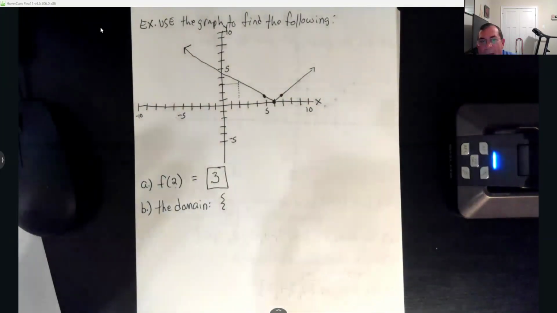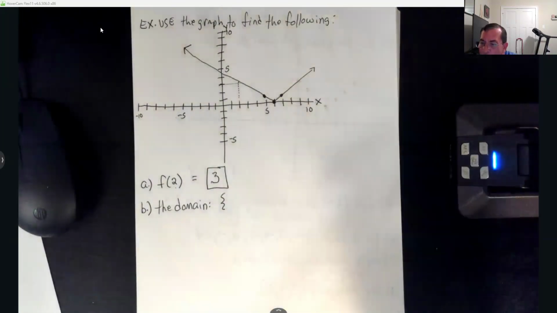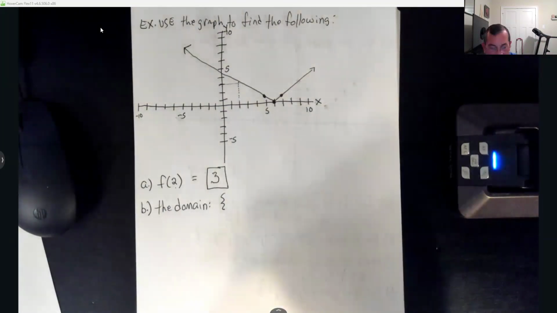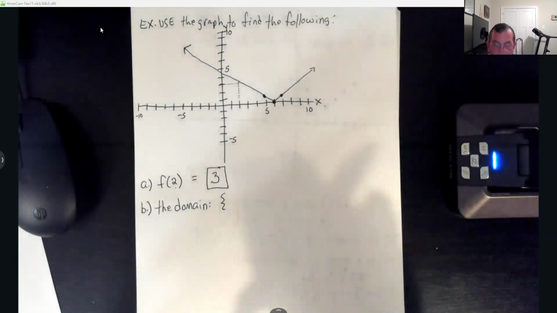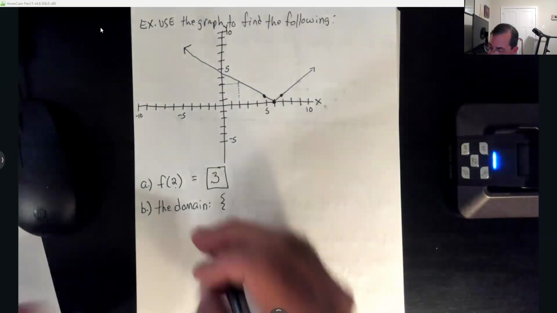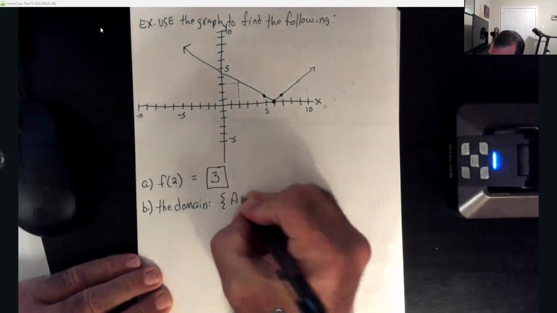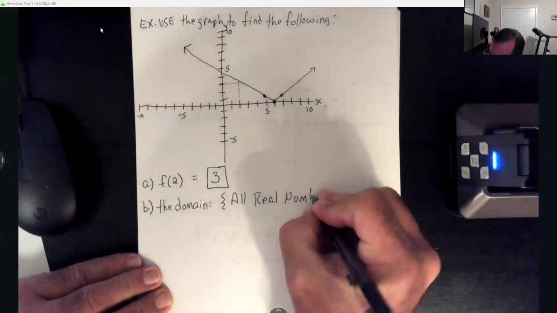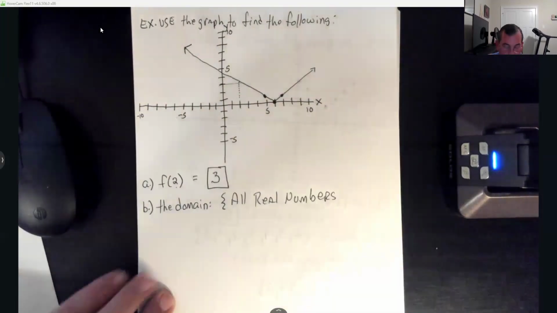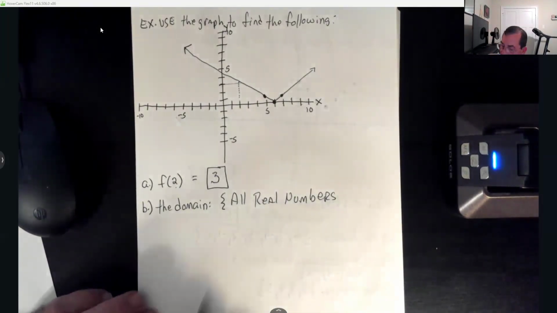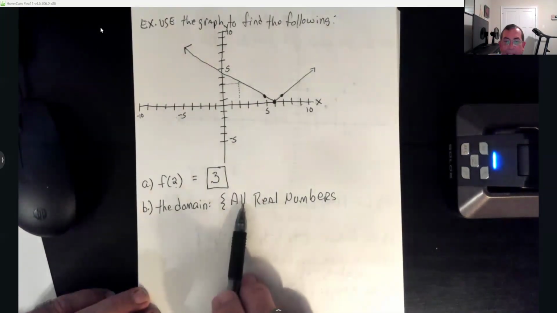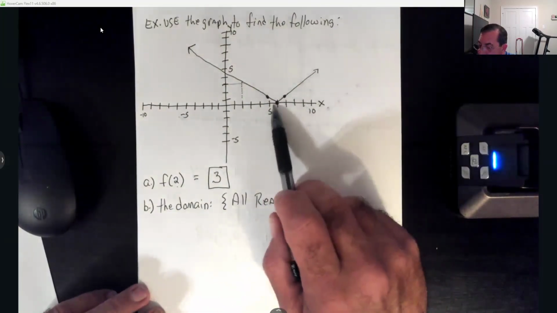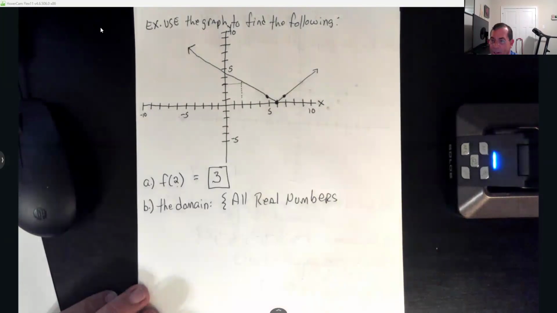So when your domain goes in both directions, we say that that domain is all real numbers. Okay, and MATLAB will have a choice that says all real numbers, okay? Are y'all with me on that? Because these x's are going to the right and the left on it, okay?